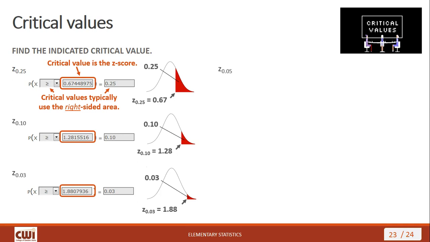How about z sub 0.05? Again, here's our area under the curve, 0.05. That's the area to the right, and so out comes our z-score of 1.64. How about z sub 0.025?